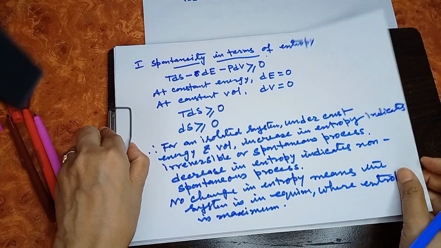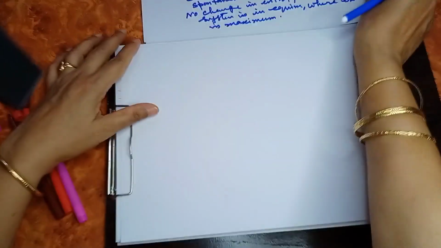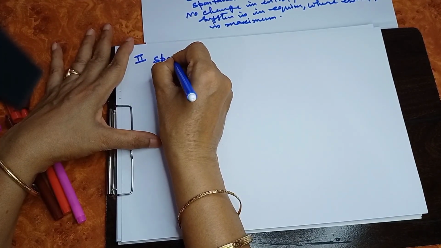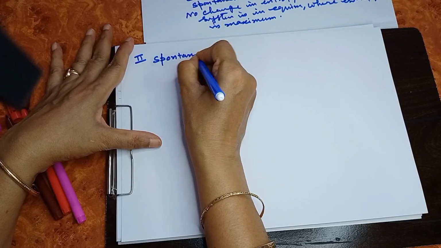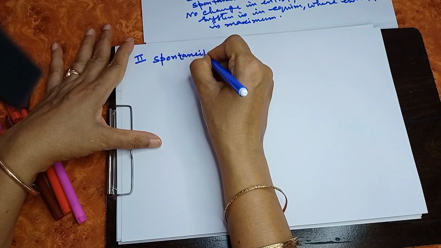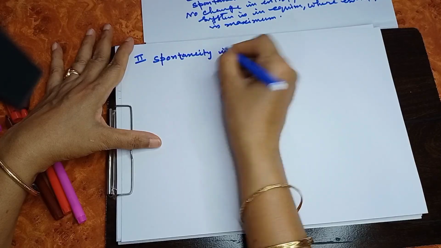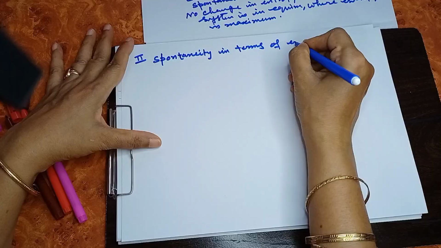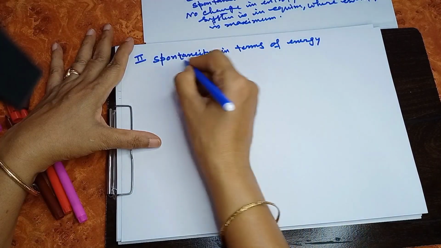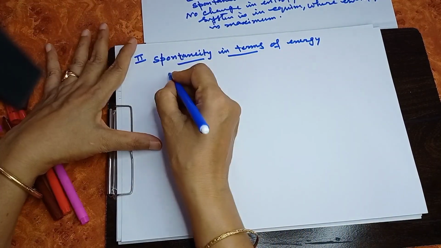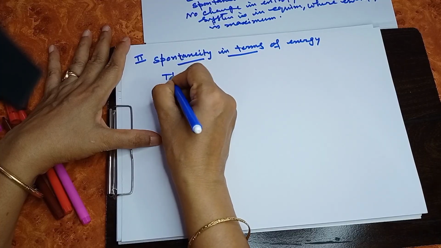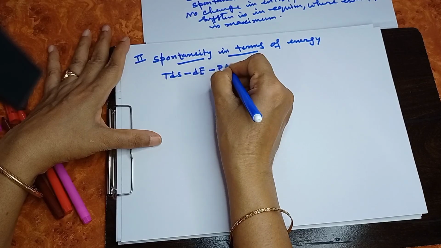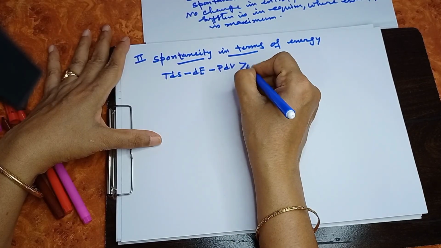Now, next one is spontaneity in terms of energy. The same equation we have to take: TdS minus dE minus PdV greater than or equal to 0.